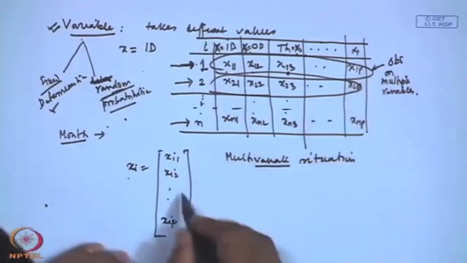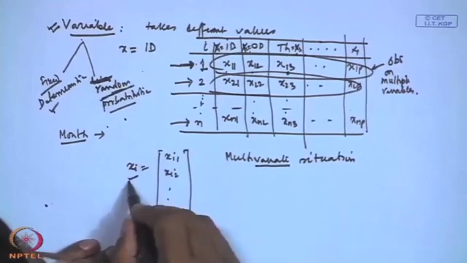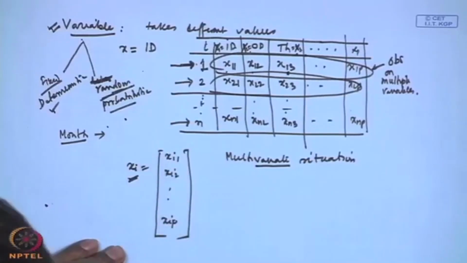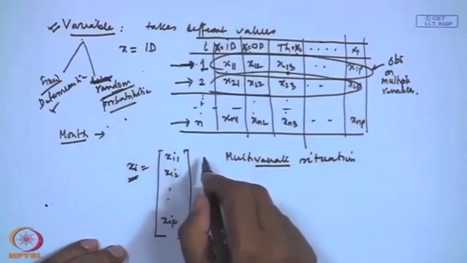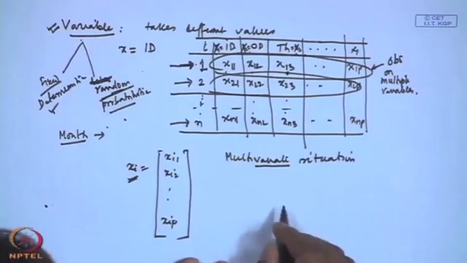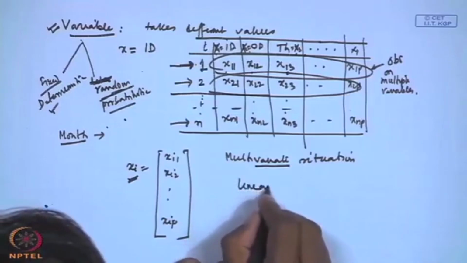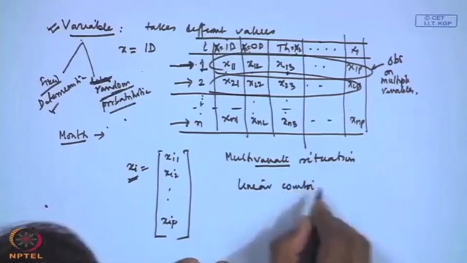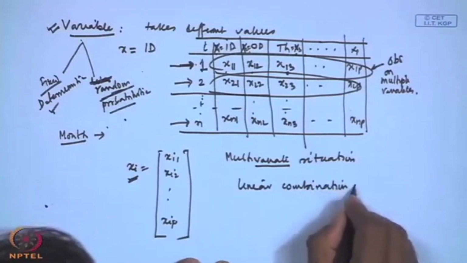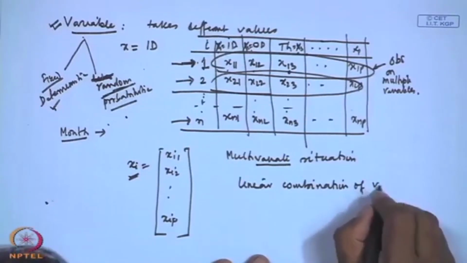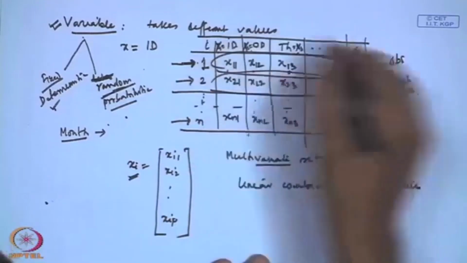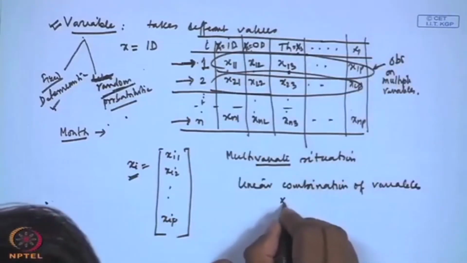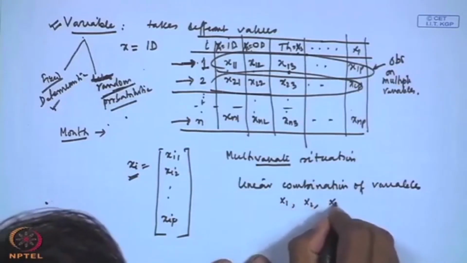So, instead of saying that x i is like this, if I create something different based on all those observations, that there is a linear combination of variables. For example, here in our example there are three variables x 1, x 2 and x 3.